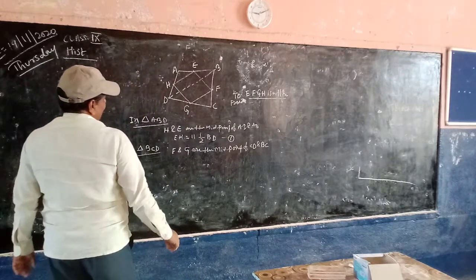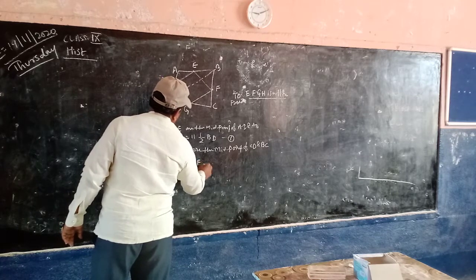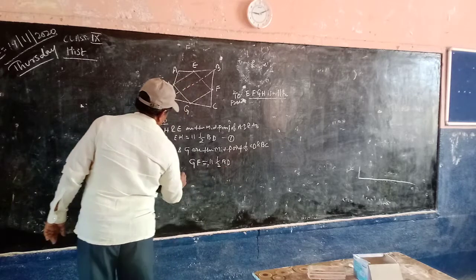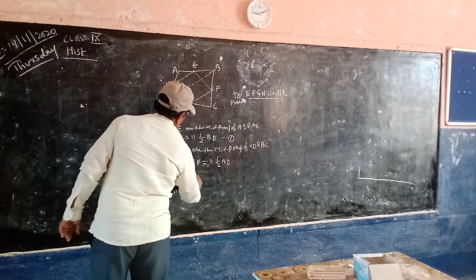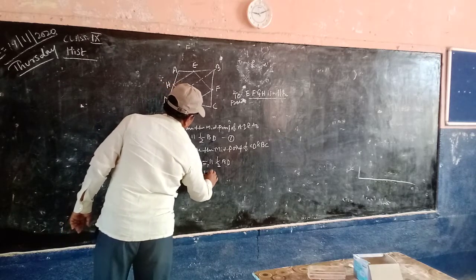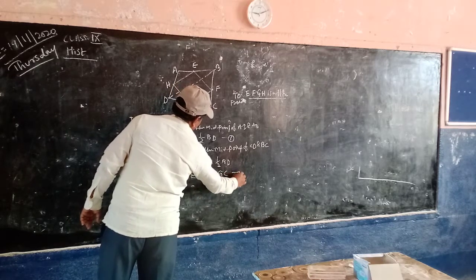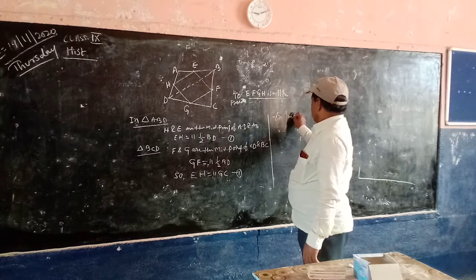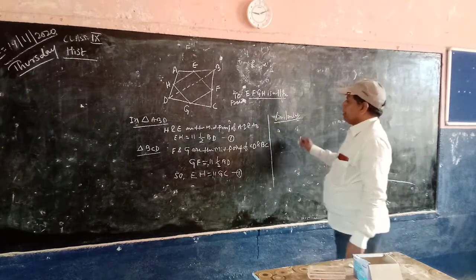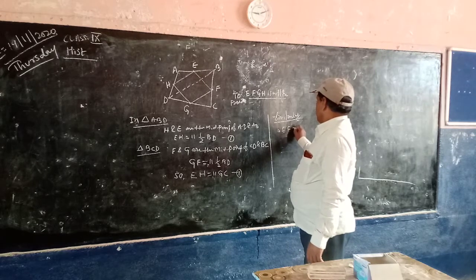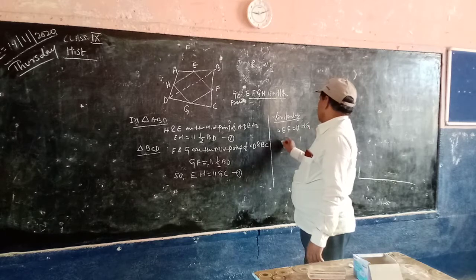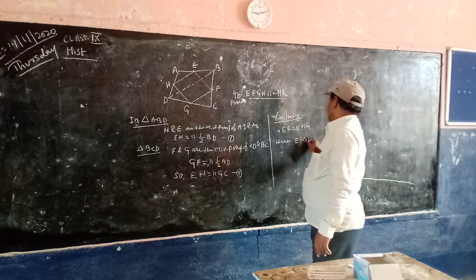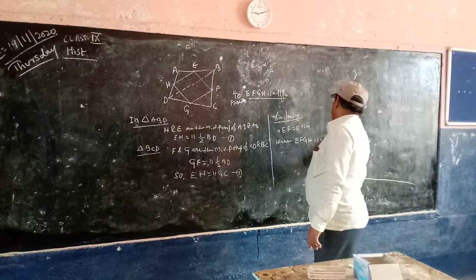GF is equal and parallel to half BD. So EH is equal and parallel to GF, and then you write similarly, EF is equal and parallel to HG. Hence, EFGH is a parallelogram.